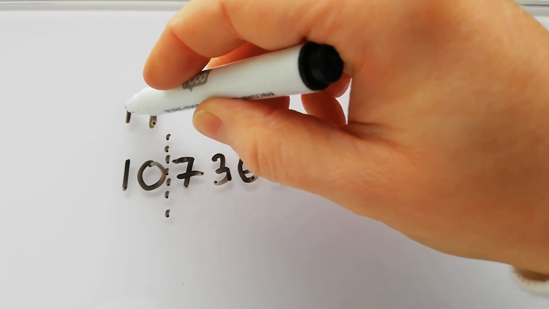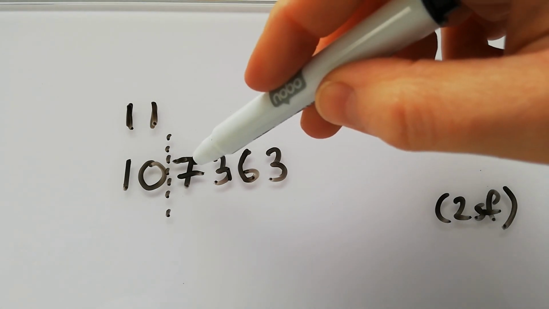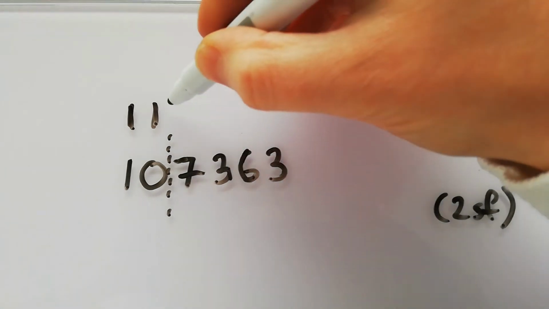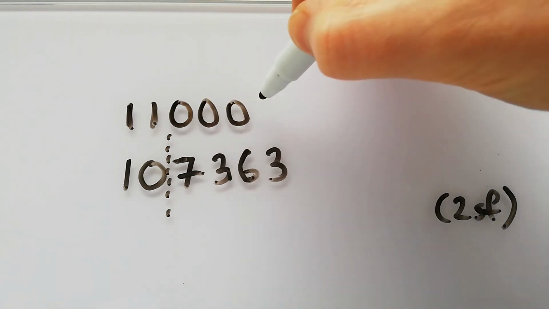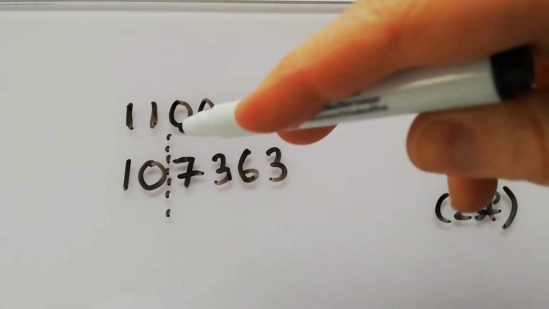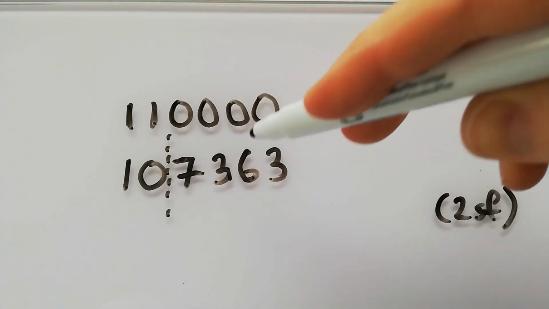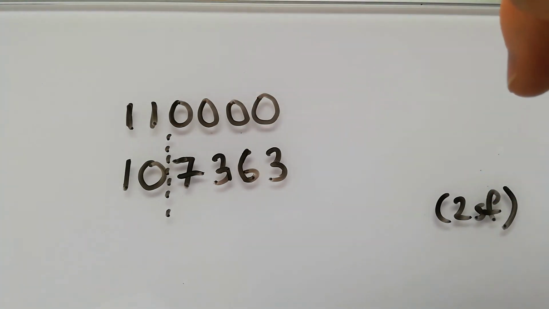That 1 will stay as a 1. 11 is way smaller than 100,000, so I now have to fill in zeros where the 7, 3, 6 and 3 were. So to 2 significant figures, 107,363 gets rounded up to 110,000.